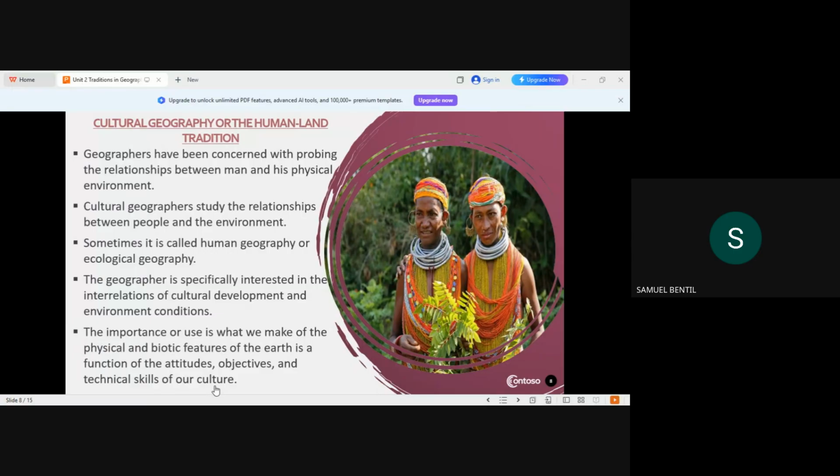Yeah, so you could see that you cannot isolate man from the environment they are in. That's why we are saying that it is important for geographers to pay attention to how man is affecting the environment. And it is as a result of man's activity that we have this hue and cry that we are experiencing now, climate change.